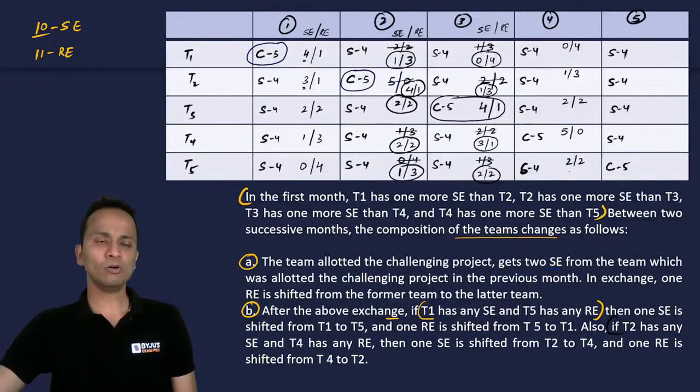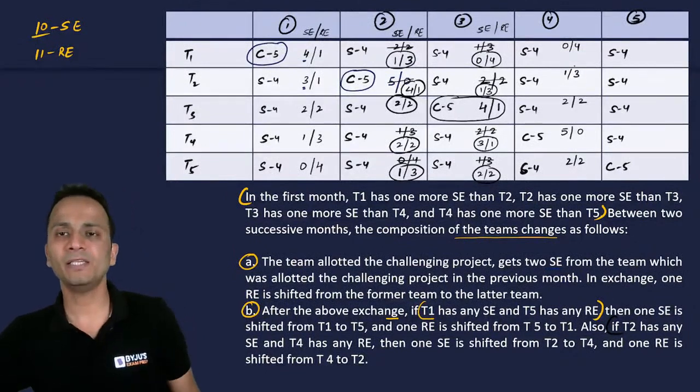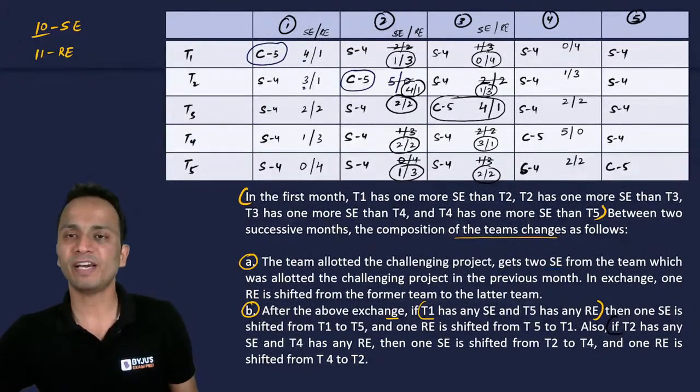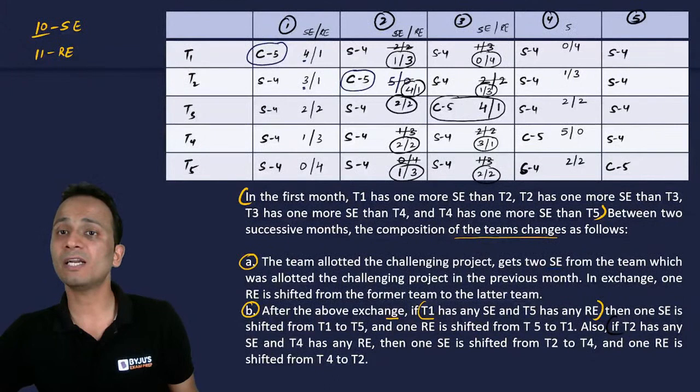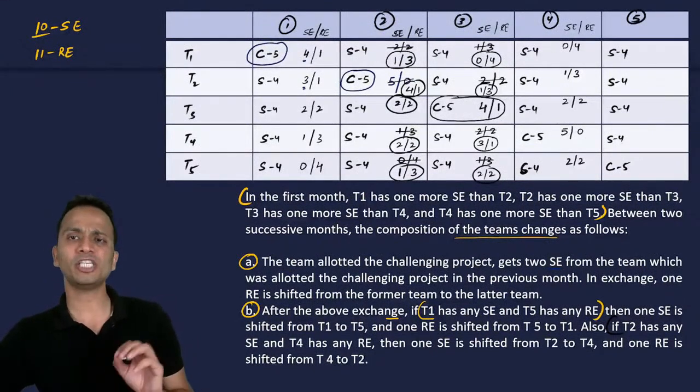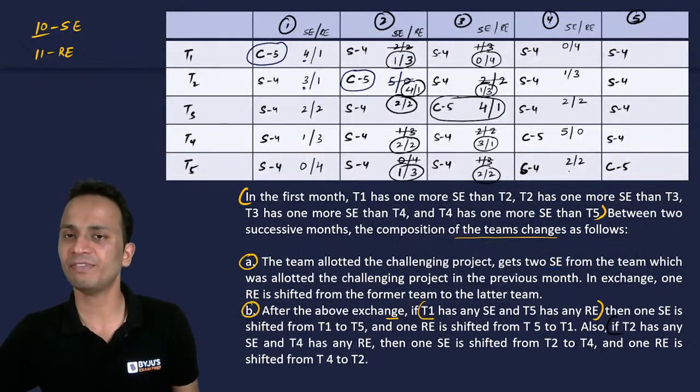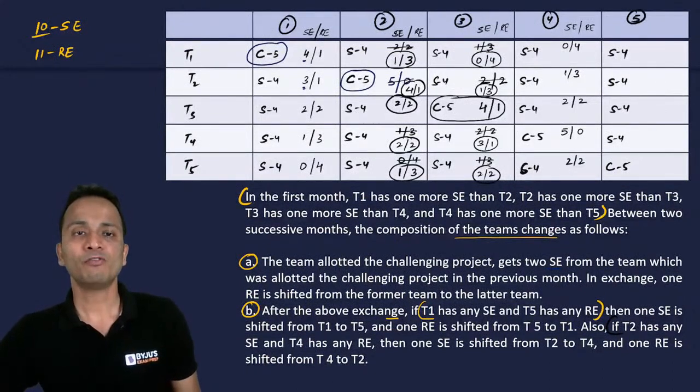Okay, now point number B will be applied between team 1 and team 5. Team 1 has SE? Team 1 does not have SE, so nothing, no exchange will happen between team 1 and team 5 in this case. For team 2 and T4, yes, exchange will happen.